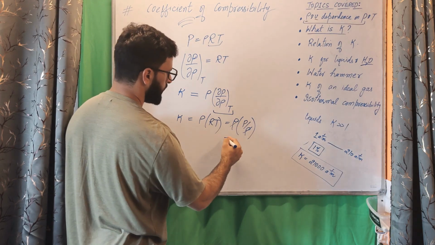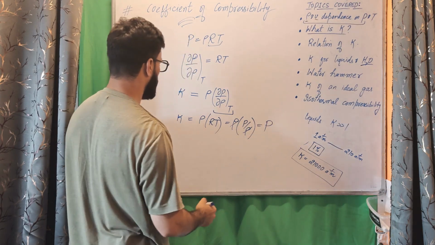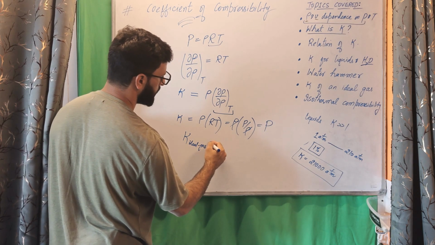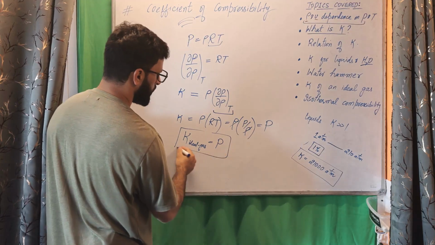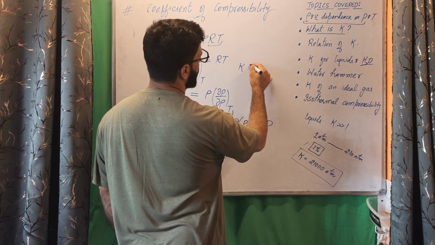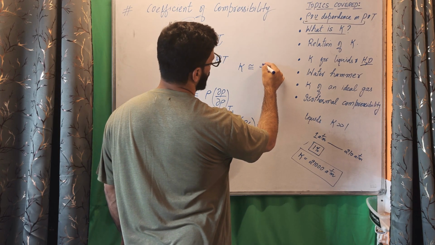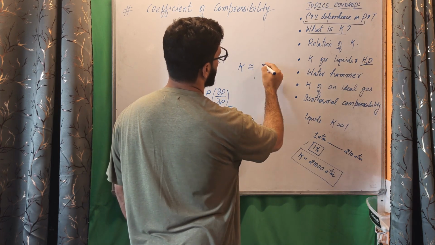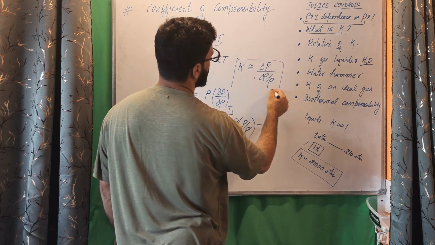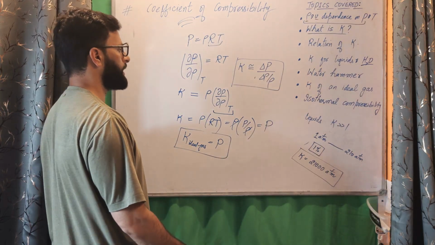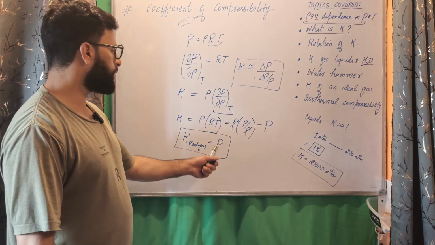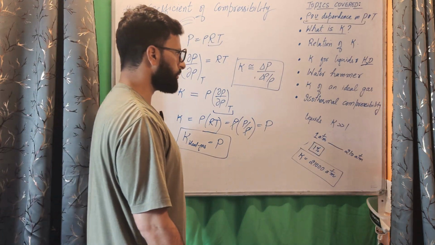So rho gets cancelled, which means kappa for an ideal gas is simply the absolute pressure, which means for any fluid, liquid or gas, kappa is approximately delta P divided by delta rho by rho. But specifically for ideal gas, it is exactly equal to the absolute pressure.